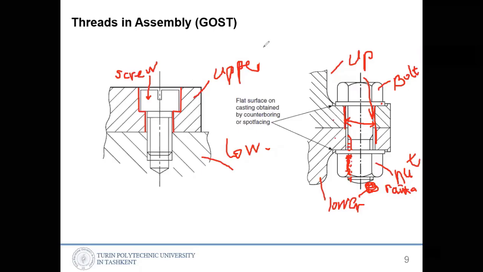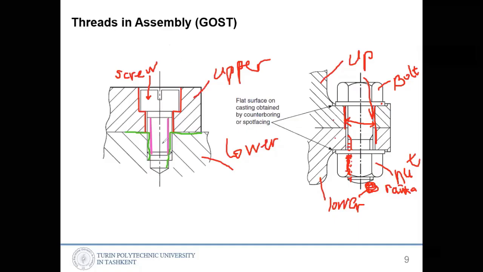Let's make this another color, this green thing. So there is another part. Here in the green part, the lower part, we have a thread. I will show the thread using purple color. The thread of the screw is here until here.